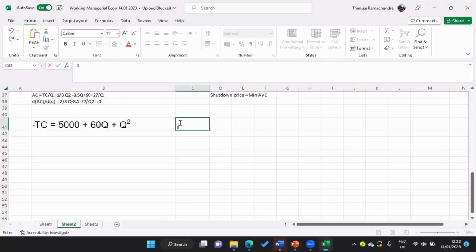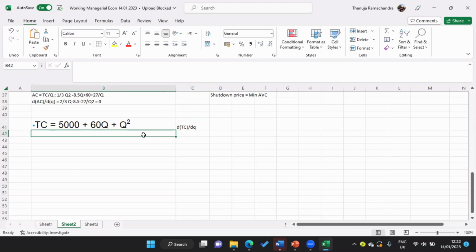Derivative of cost: 60 plus 2Q. That is the marginal cost, isn't it? So we get marginal cost equal to 60 plus 2Q. Yes. Now marginal revenue.